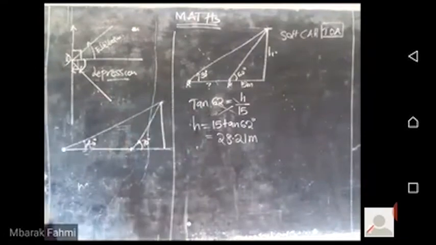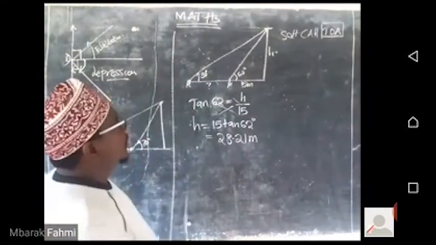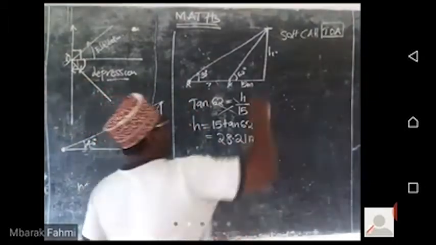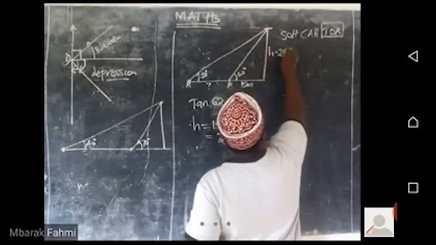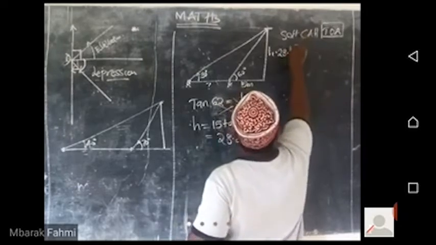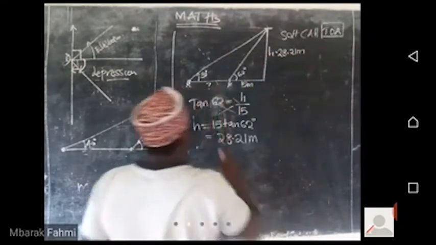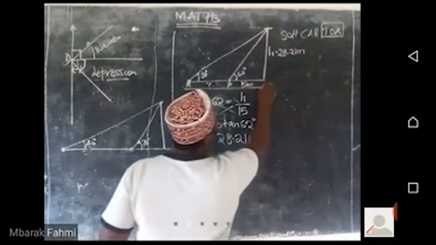Okay? So from there now we can proceed. The height is that. So we have the height 28.21 meters. Then now we can calculate the base.